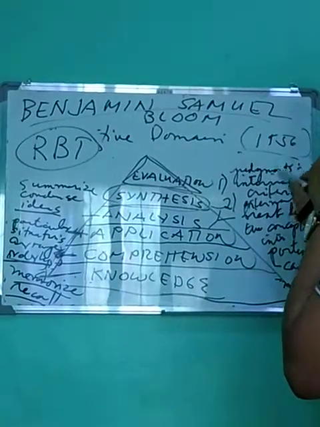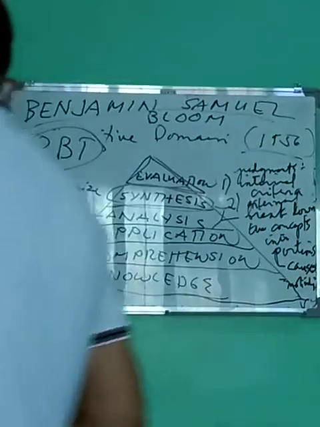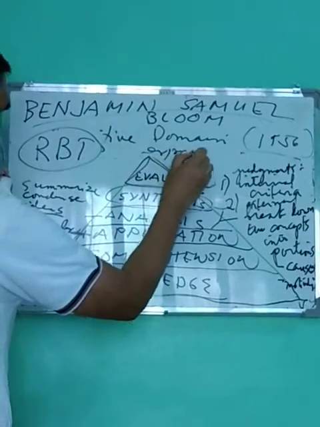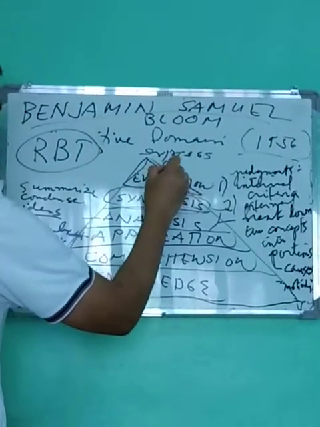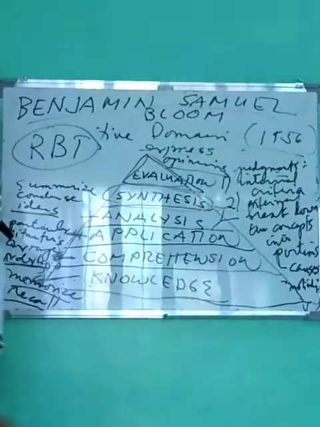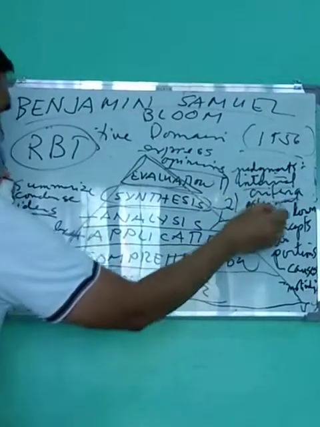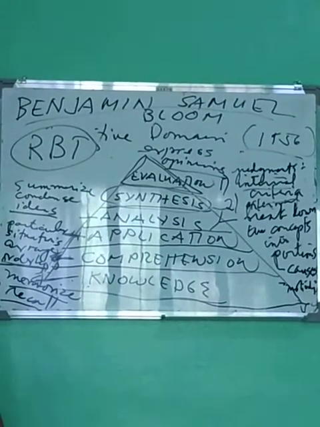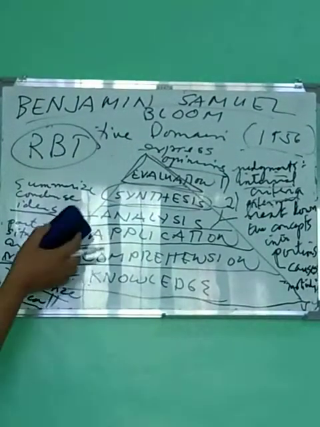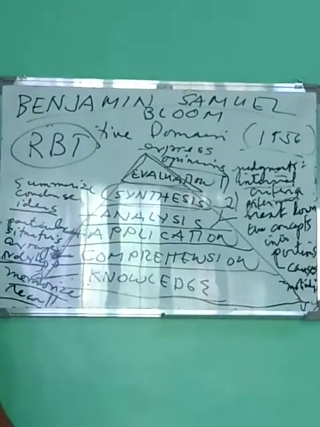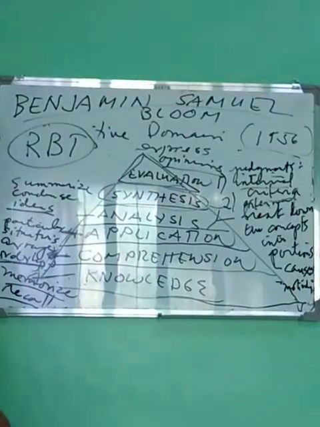Here also, it will require judgment, so definitely you have to express your opinion, but the opinions will have to be judged according to internal criteria or external criteria. Understood? That's the Bloom's taxonomy of cognitive skills required for learning.